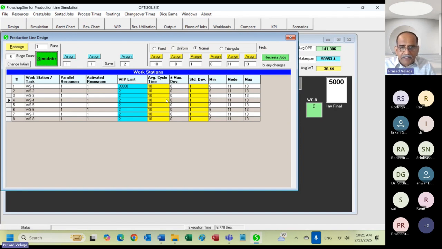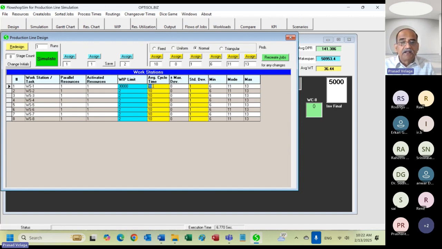Okay, now I demonstrated to you the interaction between the inventory limit and the variation. So I will finally consider one case, an unbalanced one with failures.